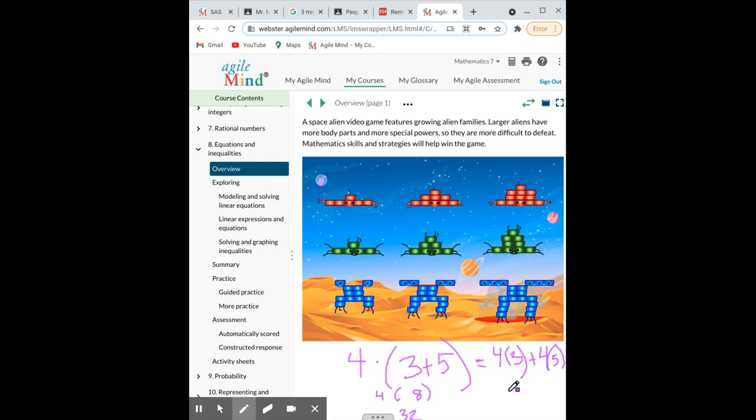If we do 4 times 3, we get 12. And 4 times 5 is 20. And what's 20 plus 12? 32. So are these equivalent to each other? Yes. So that works perfectly the way that it was described to us.